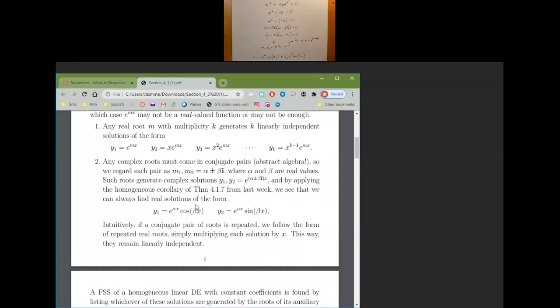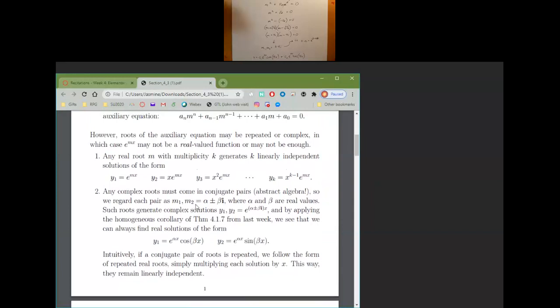The whole issue here is that, okay, e to the mx, where m is complex, that's not nice to work with in any kind of real world situation. But we can use the theorem that we learned at the end of last week to come out with these real solutions that are just as good. And that's the other thing.